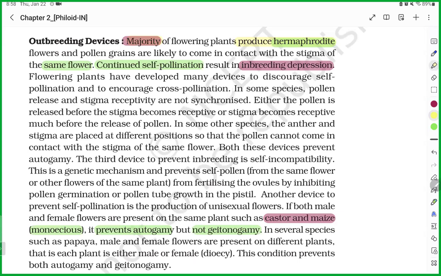Continuous self-pollination is inbreeding. Because of inbreeding, there will be depression in yield and quality, and recessive genes will be exposed. That is inbreeding depression. This happens in animals also.